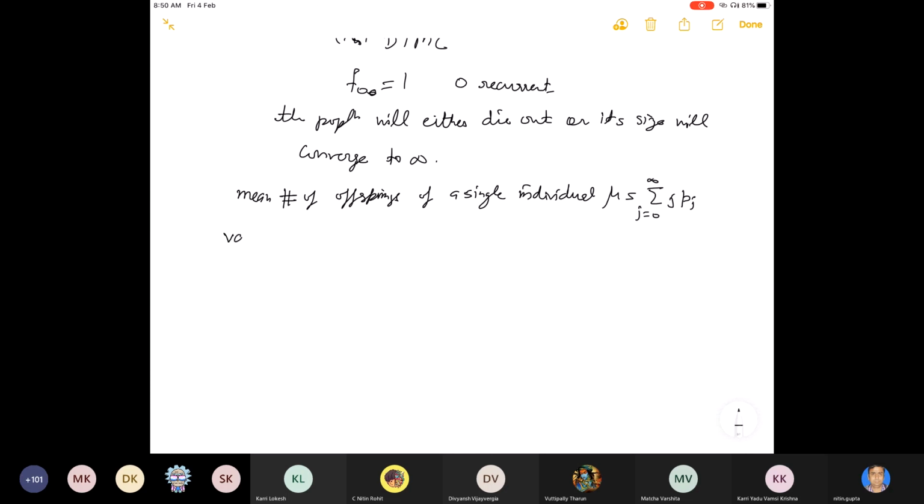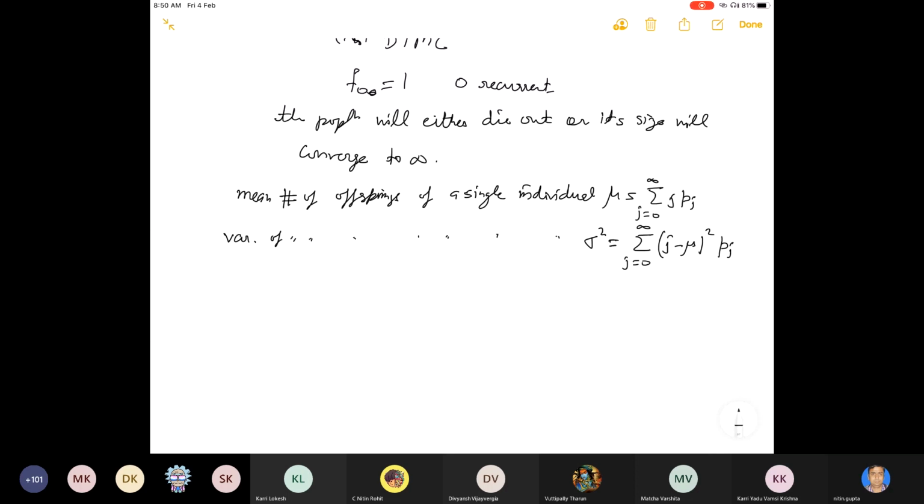And the variance of the number of offsprings of a single individual we denote by sigma square. By definition, that will be the summation of (j minus mu) square times pj, where j is from 0 to infinity.